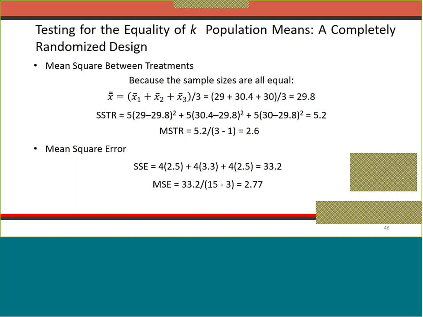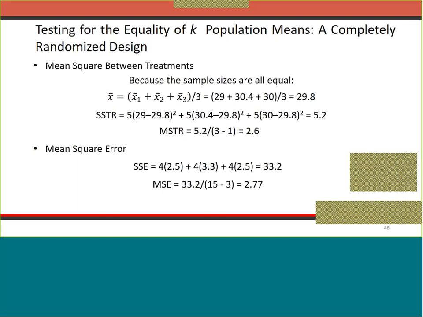So sum of squares due to treatments is 5 because each sample size is 5. So 5 into 29 is the first treatment mean minus overall mean 29.8 whole square. Plus second sample size is 5 into 30.4 is the second treatment mean minus overall sample mean 29.8 whole square.